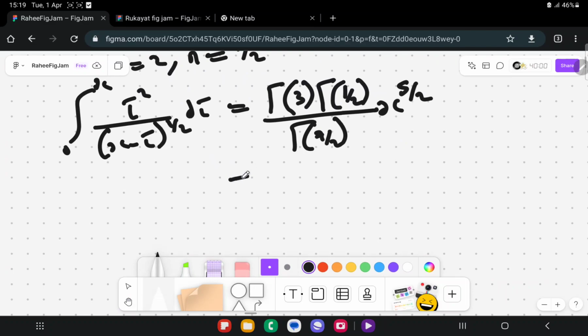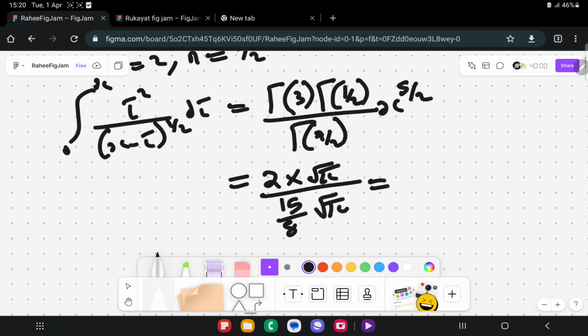So all we need to do is simplify these gamma functions. What is the value of gamma of 3? Gamma of 3 is 2 factorial, which is 2. Now gamma of half is the square root of pi, all over gamma of 7 all over 2. If you solve it, we get 15 all over 8 into the square root of pi.